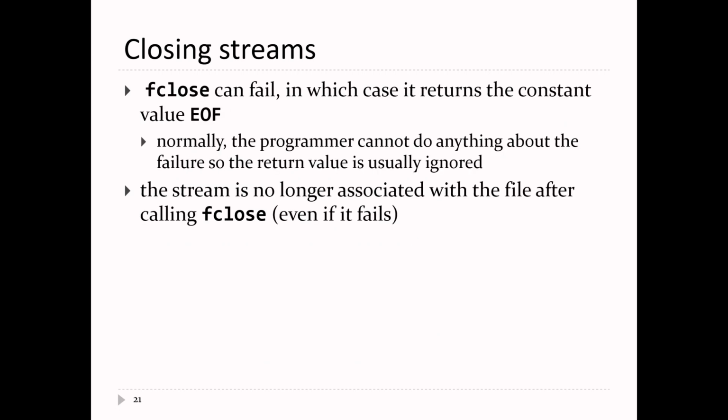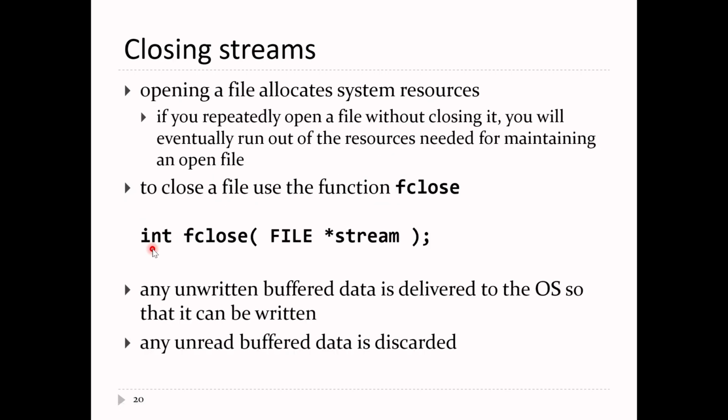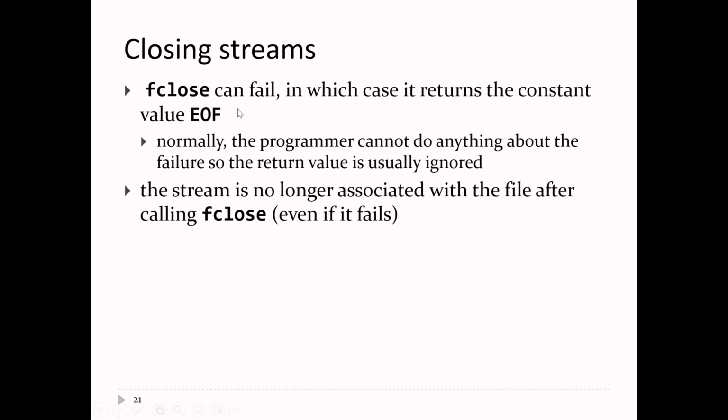Now, oddly enough, fclose can fail, which is a little bit odd, but it can. And so if it does fail, then the int value you get back is equal to EOF. So that's some constant that the C standard defines. So you get back EOF. You normally can't do anything about this anyway. So if you fail to close a file, there's nothing that the programmer can do about this.